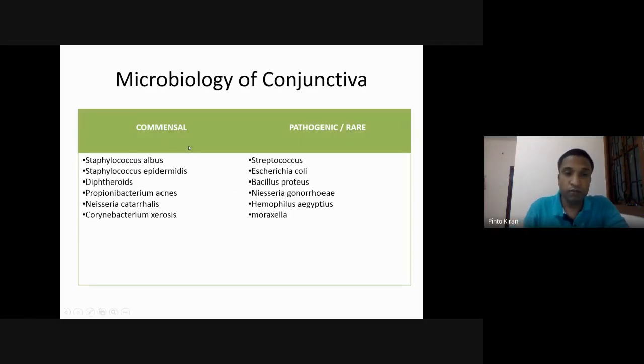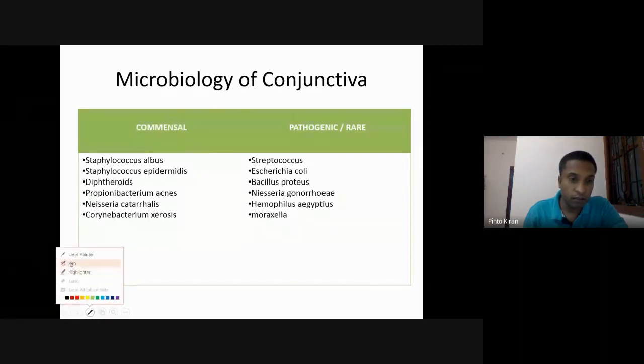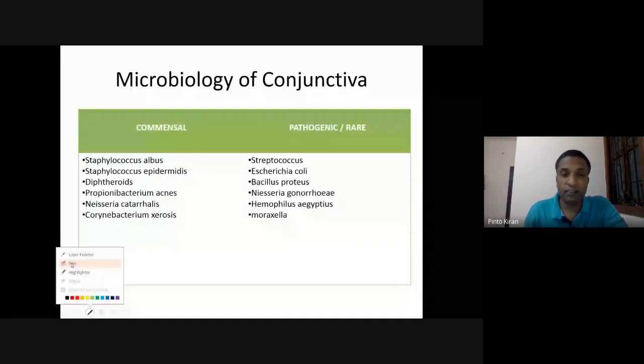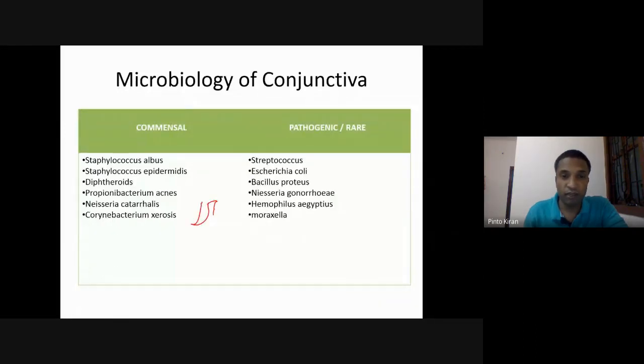Okay. So we know conjunctiva has four parts. Suppose this is the eyelid, you have an eyeball. The conjunctiva has a tarsal part, then you have the palpebral part, then you have the fornical part.